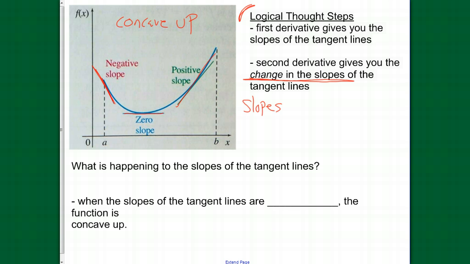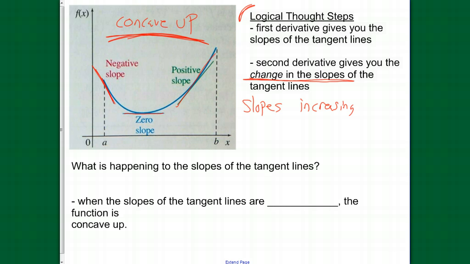Slopes are increasing. Okay? If you go from negative to 0 to positive, that's going up. So the first derivative tells us the slopes of the tangent lines. The second derivative is the change in these slopes of the tangent lines. So when the slopes of the tangent lines are increasing, that was our concave up.